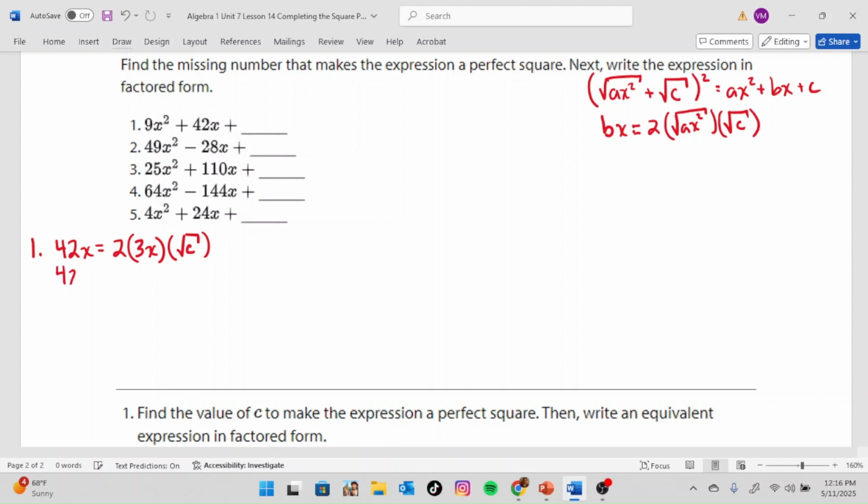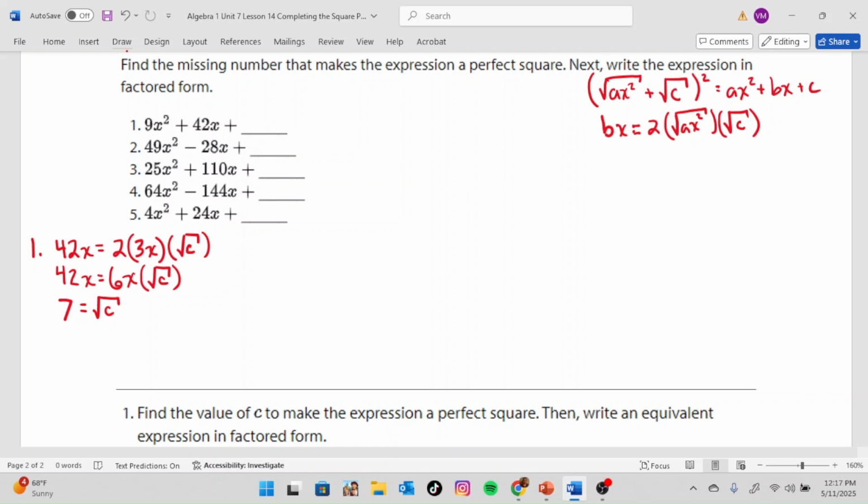So that means 42x is going to equal 2 times 3x, which is 6x, times the square root of c. We're going to divide both sides by 6x. And that's going to give us 7 equals the square root of c.